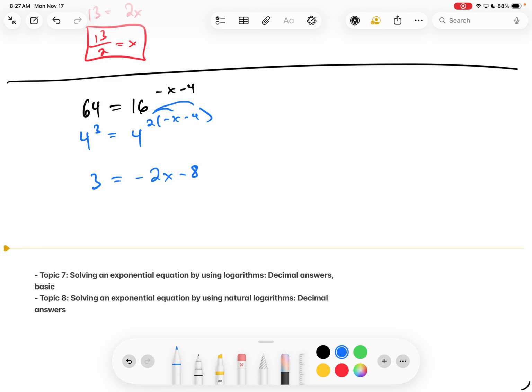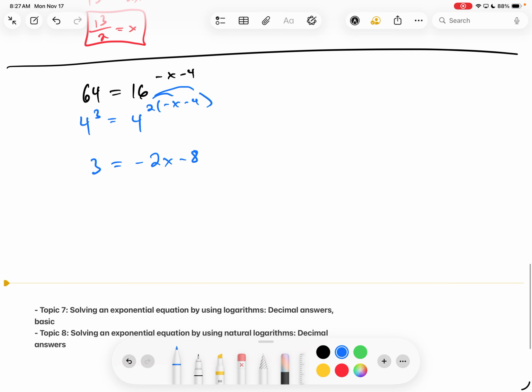Bases are the same, so you set the exponents equal to each other. Now I add 8 and divide by negative 2. So you rewrite the bases in a different way to make the bases the same, and then you can set the exponents equal to each other.